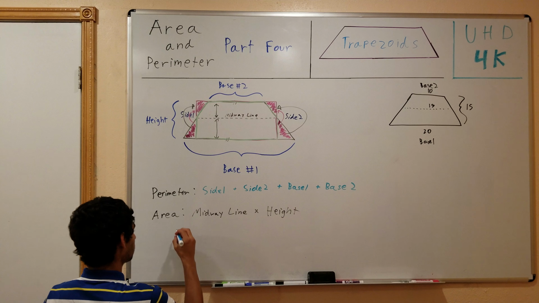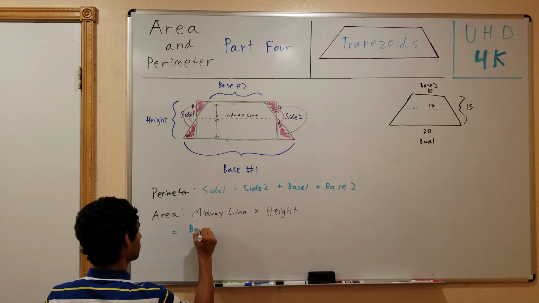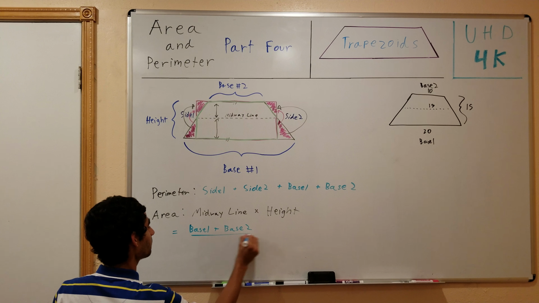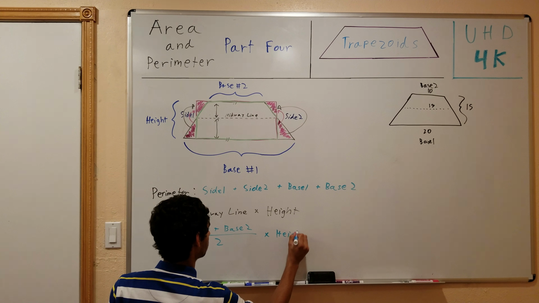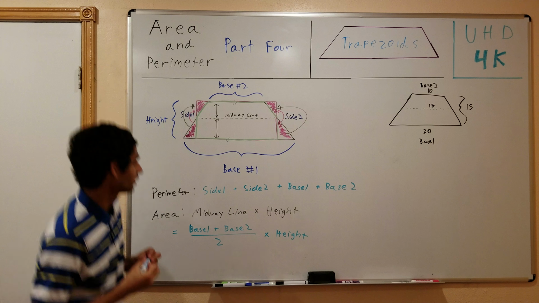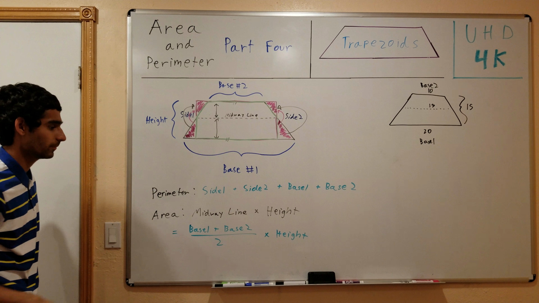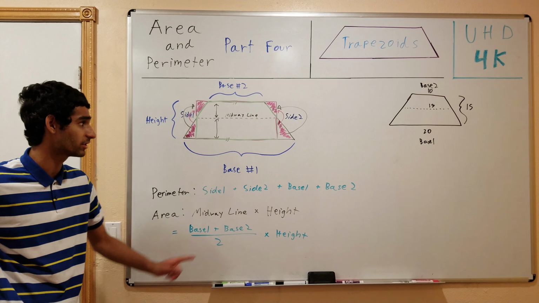So now that you see it in this example, let's make this formula a bit easier to understand. So this is simply equal to base 1 plus base 2 divided by 2 times the height. So you see over here, the midway line is equal to the two bases divided by 2, and this is simply taking the average of the two bases.